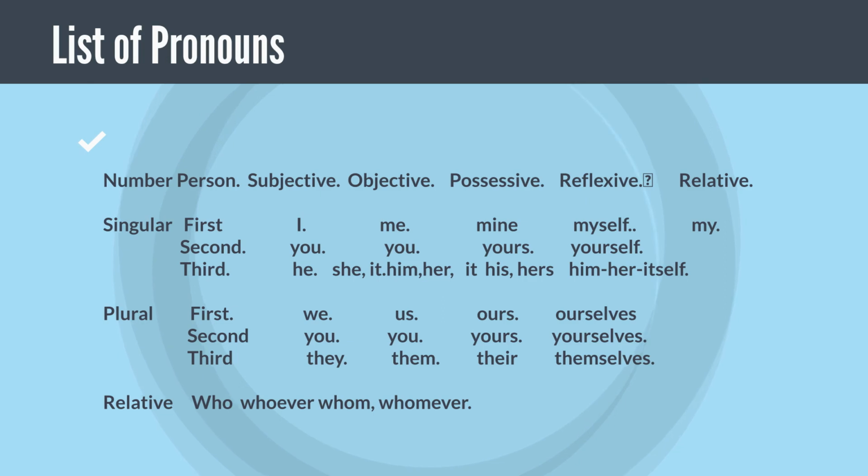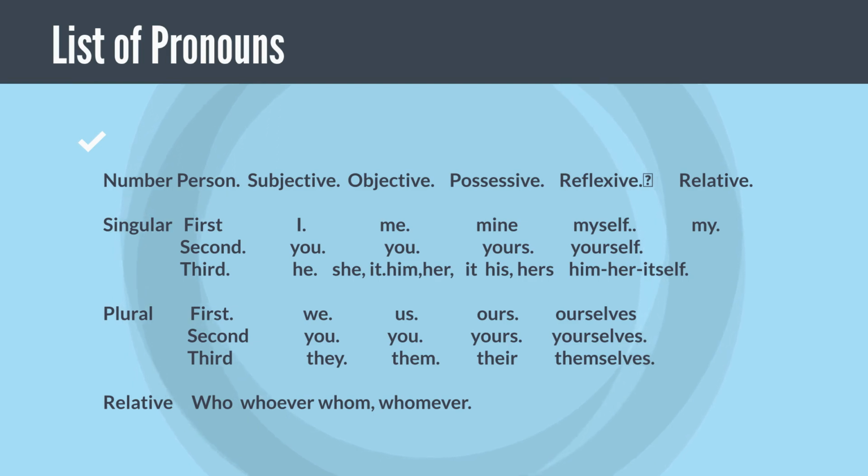List of pronouns. Number. Person. Subjective. Objective. Possessive. Reflexive. Relative. Singular first: I, me, mine, myself, my. Second: you, you, yours, yourself.